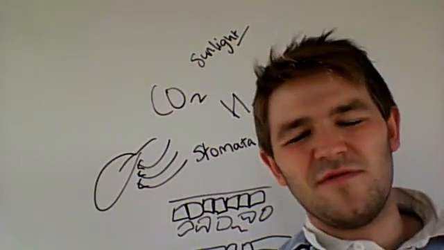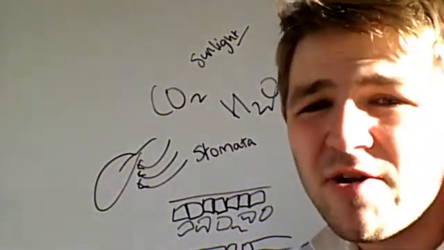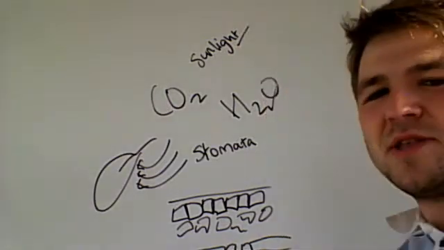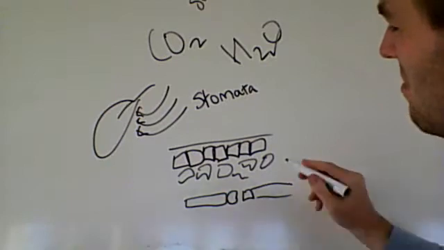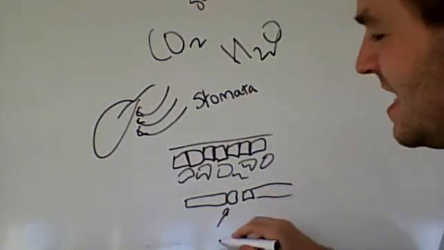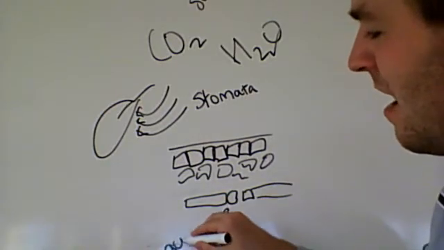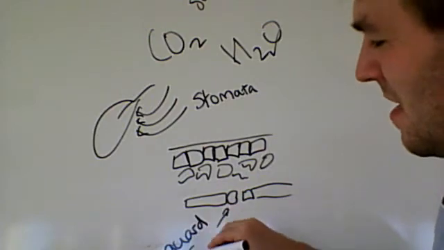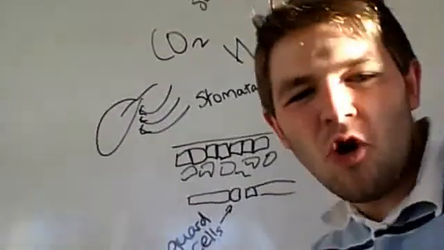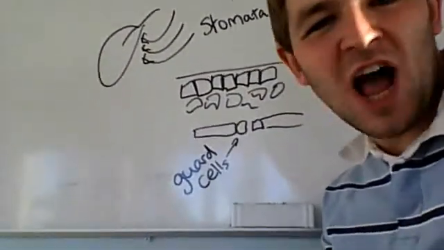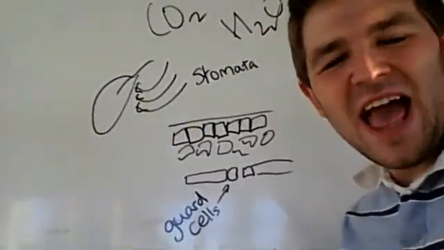Of course, don't be afraid, there are links in school stuff with much better pictures than the one I have here. But what this is called here, these are the guard cells. And they control how much carbon dioxide can come in and out of the cell.